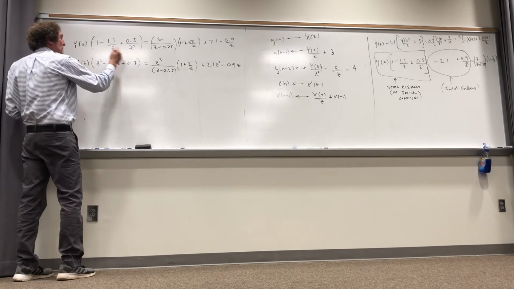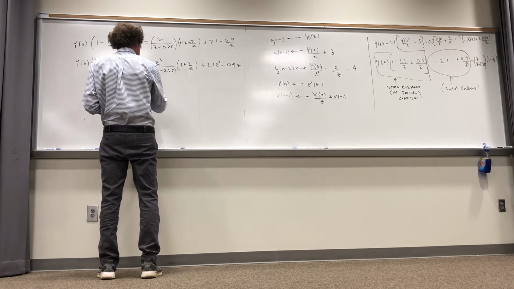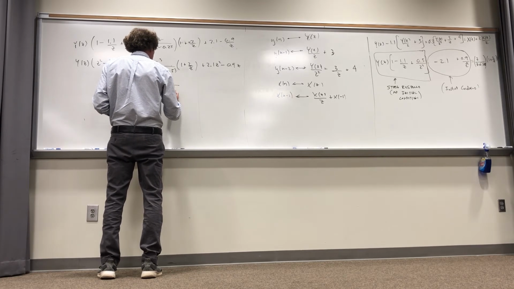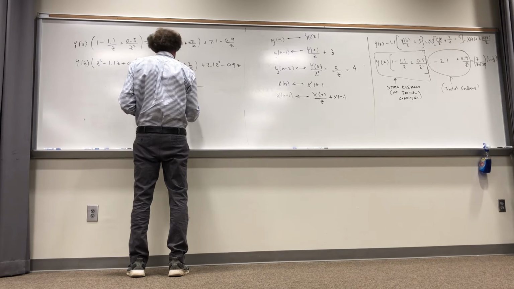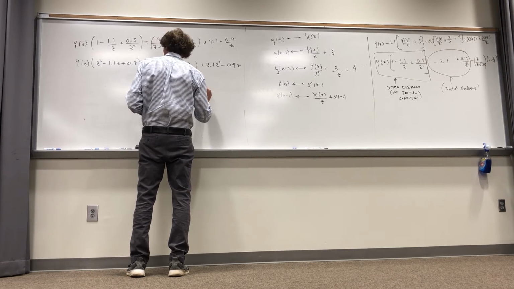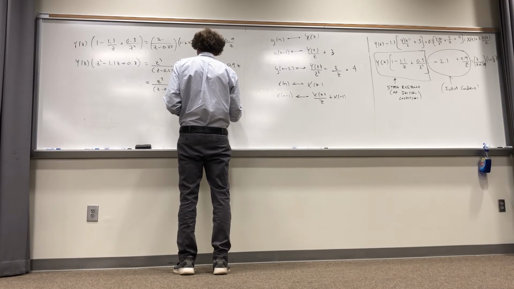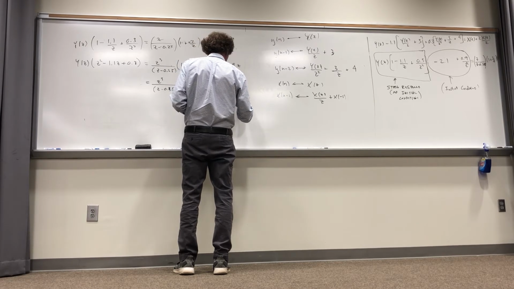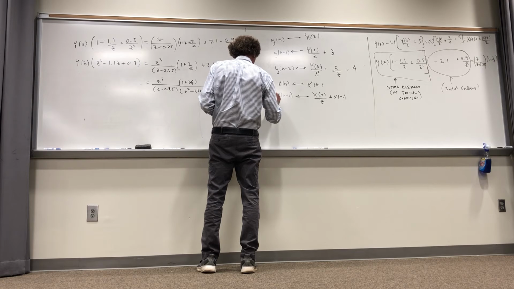And then I divide by this, and I have z cubed over z minus 0.25 times the quantity 1 plus 2 over z, divided by z squared minus 1.1z plus 0.3, plus 2.1z squared over z squared minus 1.1z plus 0.3, minus 0.9z over z squared minus 1.1z plus 0.3.